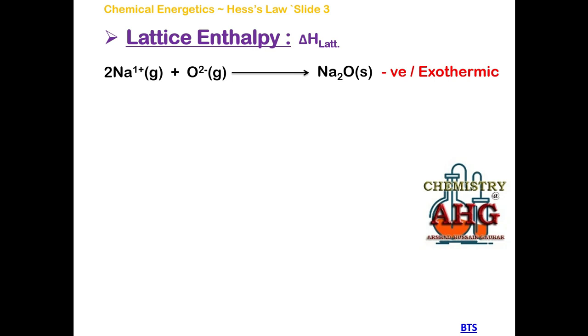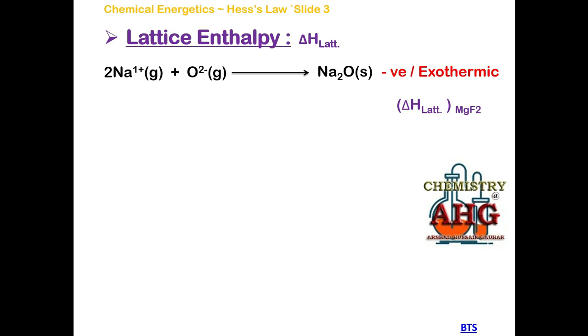Now, typical question, besides definition, you can be asked in the exams to write an equation for the lattice enthalpy of a given ionic compound. For example, write down an equation for the lattice enthalpy of magnesium fluoride. Very important thing, for lattice enthalpy, we always start with component gaseous ions.